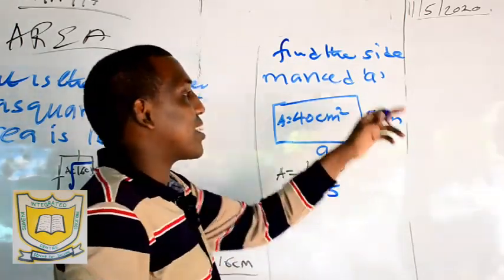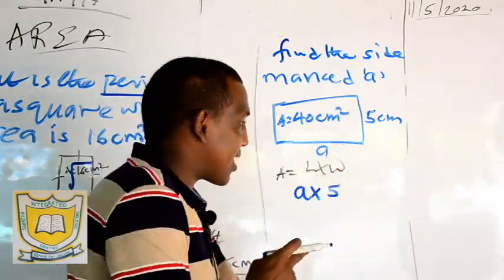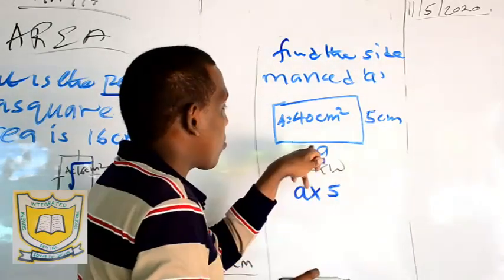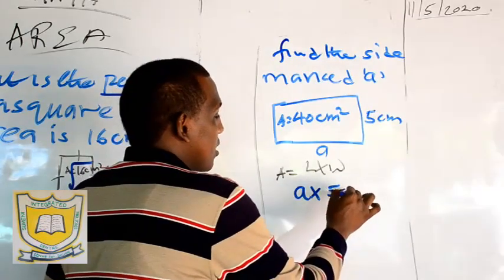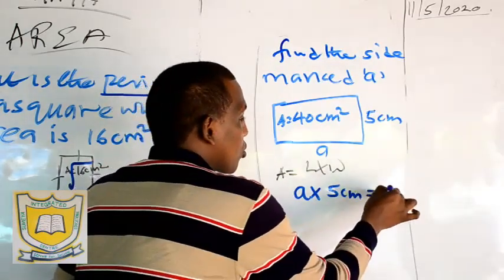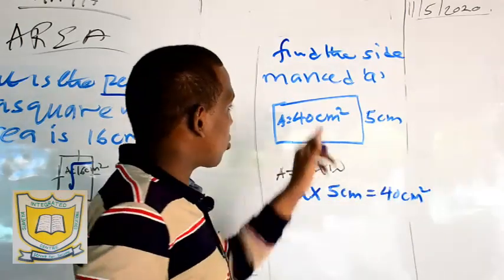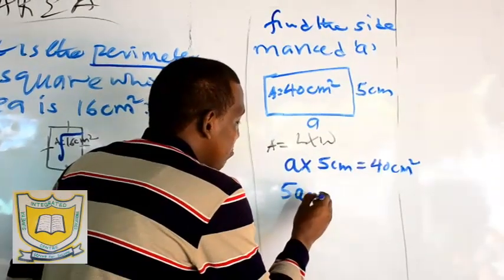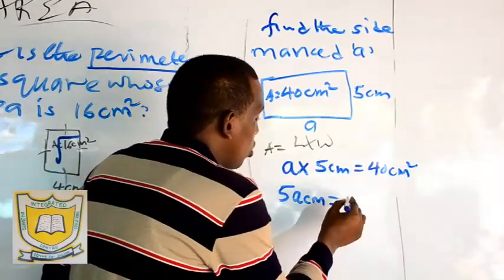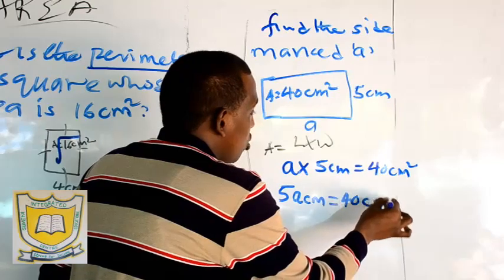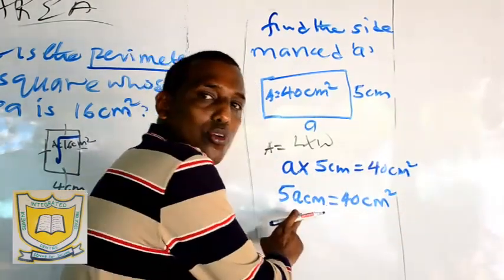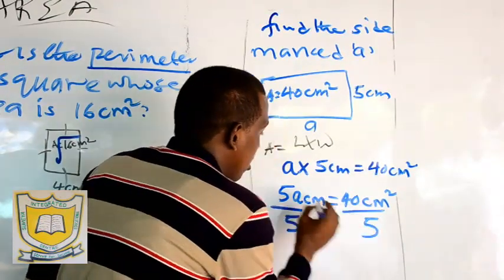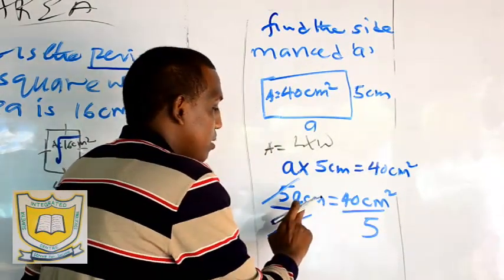The other one they were asking the width, but this one now they are asking the length. We never knew the width before, but now they have given us the width, they want the length. A times 5 centimeter is equal to 40 centimeter squared, the total area. I want to get the value of A. The 5 cancels, what is remaining now?